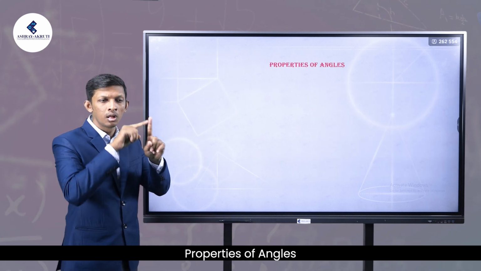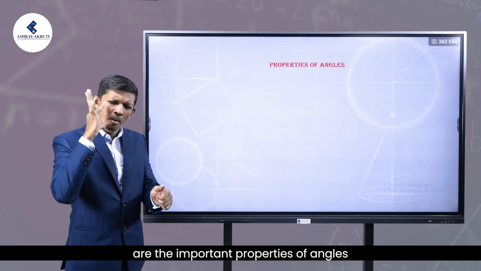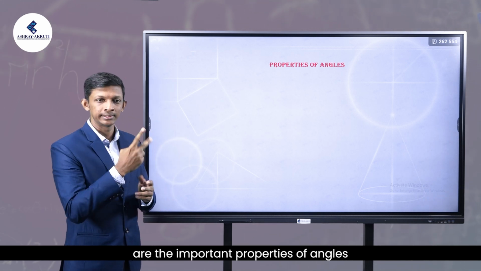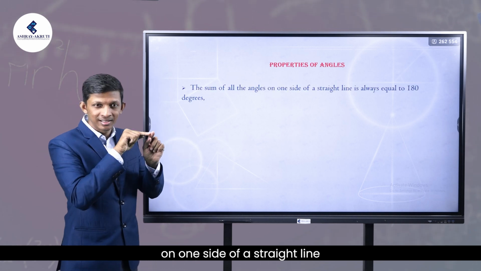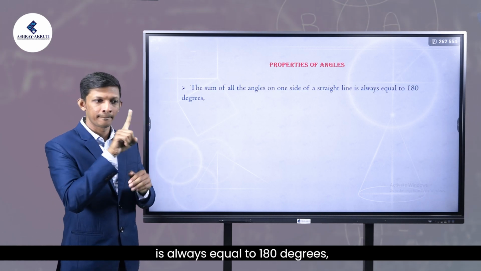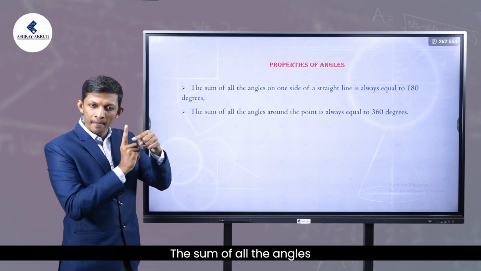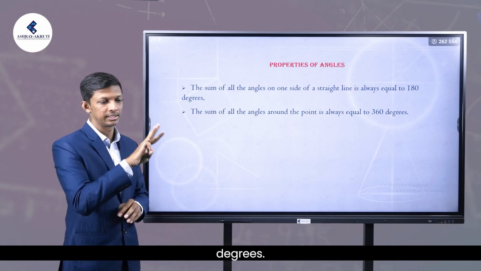Properties of angles. The following are the important properties of angles. The sum of all the angles on one side of a straight line is always equal to 180 degrees. The sum of all the angles around a point is always equal to 360 degrees.